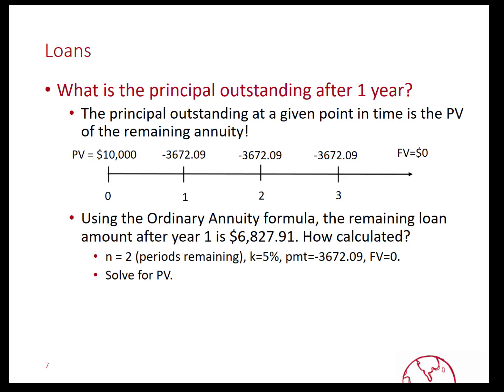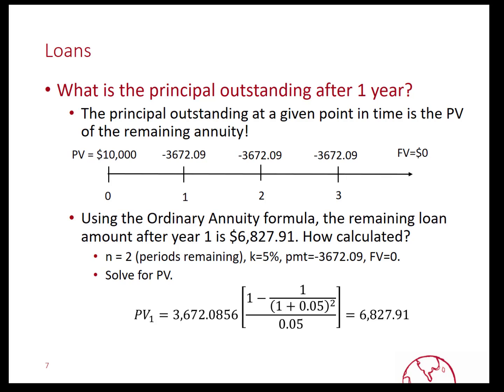So the number of years remaining is the number of periods, or n equals 2. We still have our effective interest rate of 5%. We know that our payment is going to be $3,672, and we know that the future value has got to be 0. So we can solve for the present value using the annuity formula.